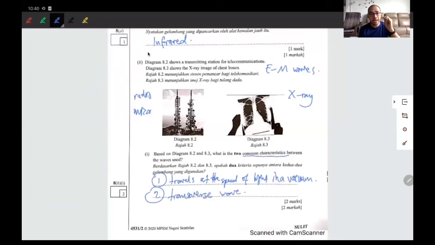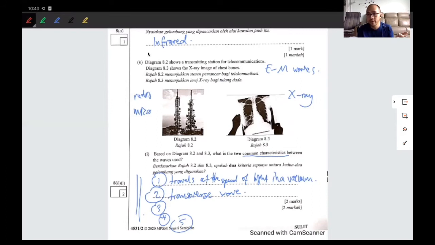There are at least 5 characteristics of electromagnetic waves. Go and do a little bit of research. Don't just memorize these two. Why did the question ask you to give all 5? Go and do a little research on electromagnetic waves, because this seems to be a very popular question this year, for your trial exams. It travels at the speed of light in a vacuum.